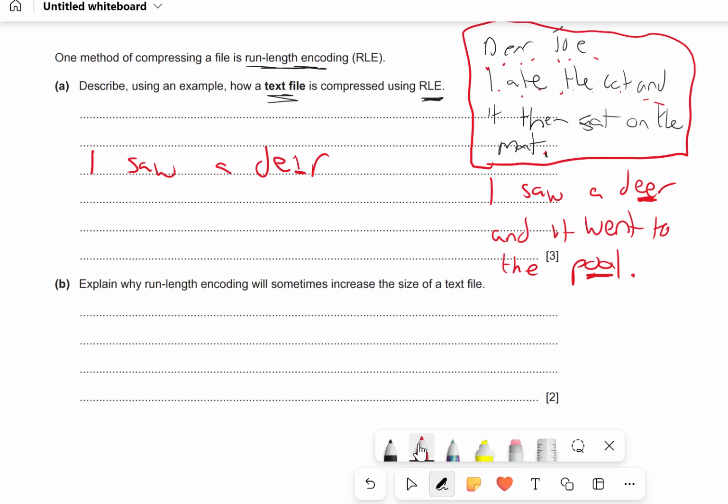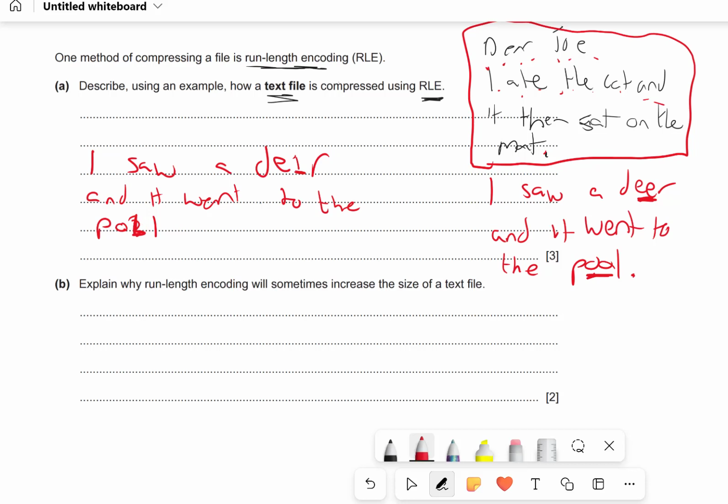R. Dear. And it went to the pool, 1 again. Now you could say it's pretty pointless, and it is pointless even in this example because we can just keep the O here. It's the same amount of characters.